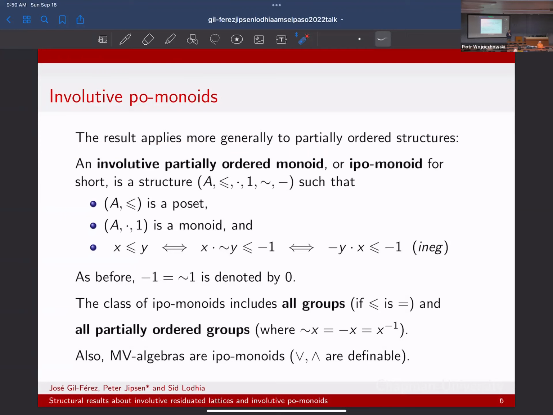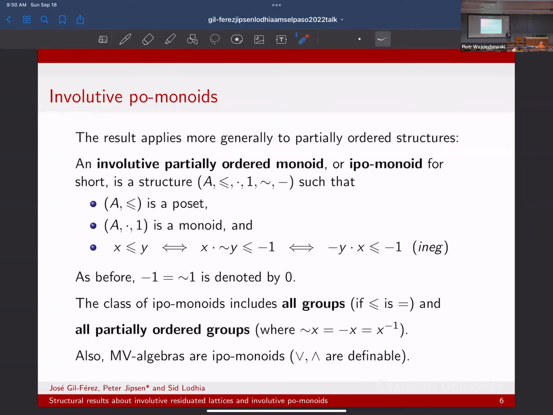So the result applies more generally to something called involutive partially ordered monoids, or in short, IPO monoids. What are they? They are simply a poset and a monoid on the same set, and then this condition again, which doesn't reference the join. So they're more general than involutive residuated lattices because they allow a base where joins don't necessarily exist.